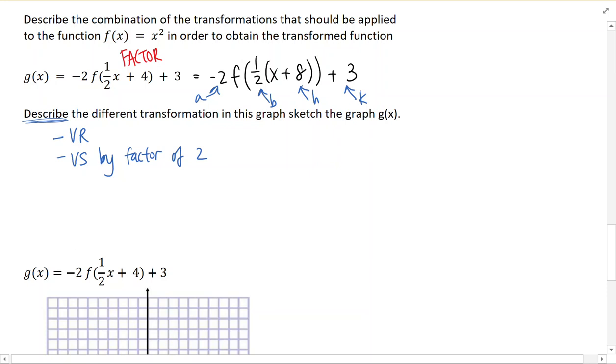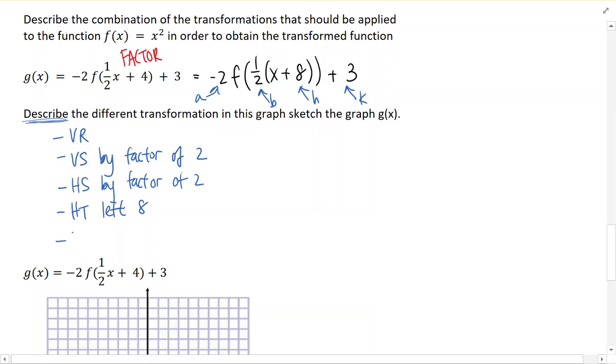And then next we have b, which is a half. Remember, you need to find the reciprocal, so it's a horizontal stretch by a factor of 2. h is a horizontal translation. Plus 8, remember to take the opposite, so it's left 8.